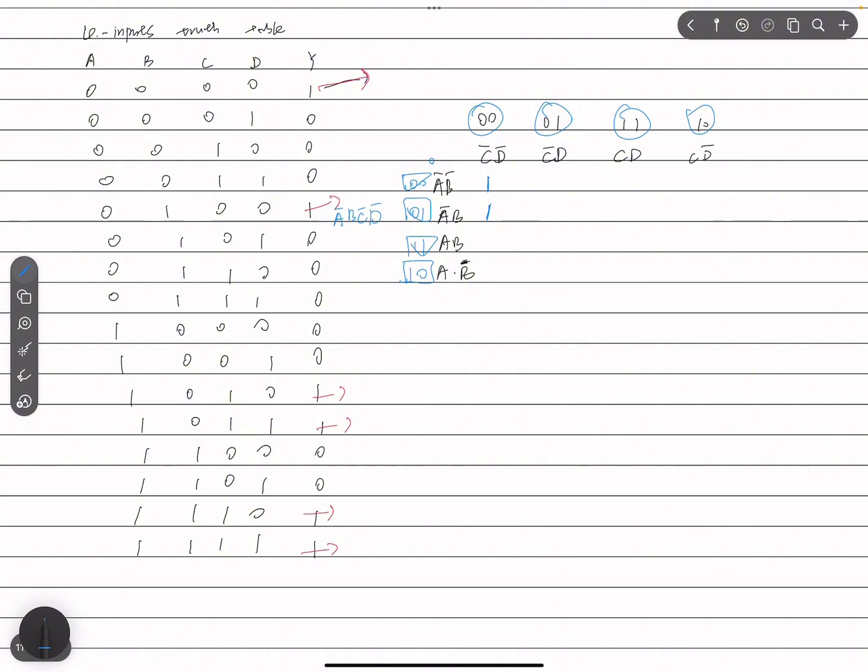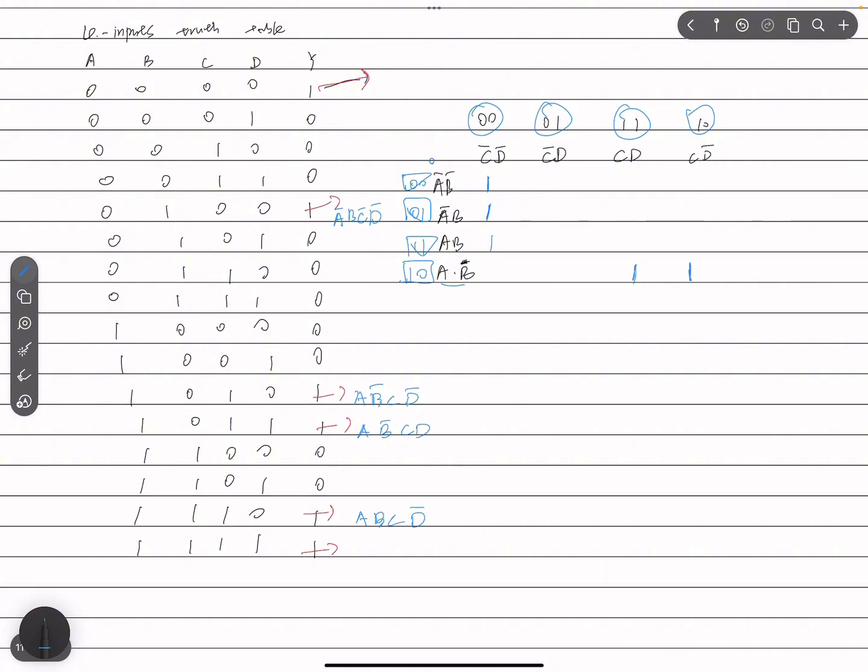And from here, it's A, B bar, C, D bar. So A, B bar is here, C, D bar is here. So that's another one. This one is A, B bar, C, D, which is here. This one's A, B, C, D bar, which is here.